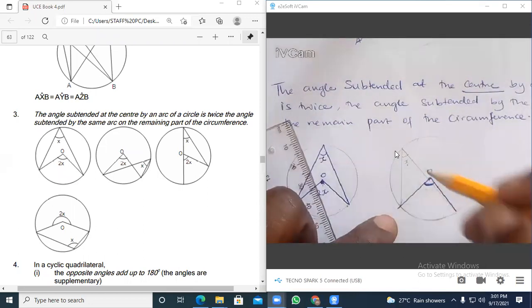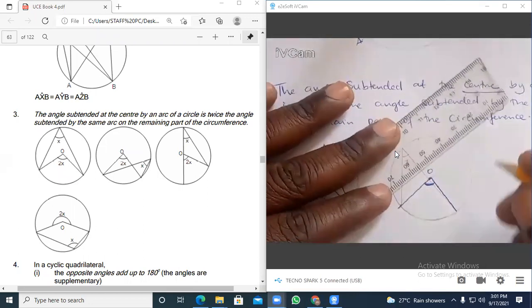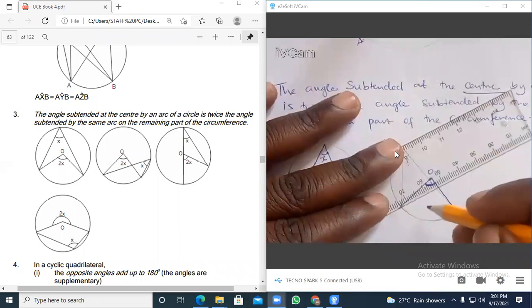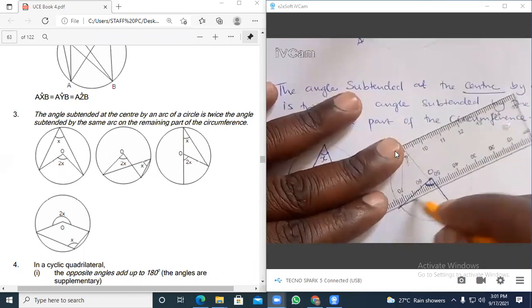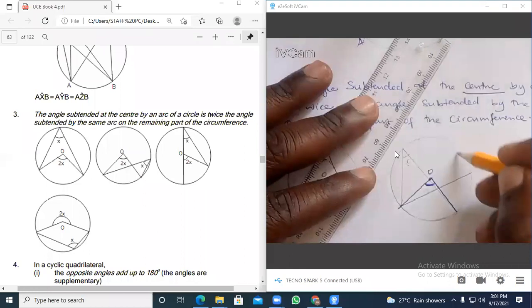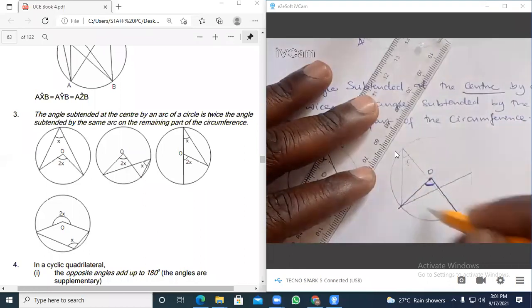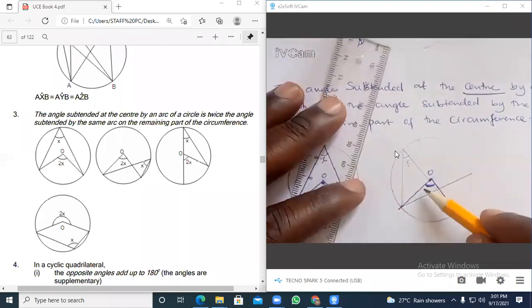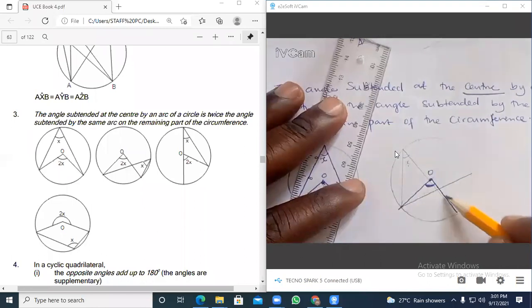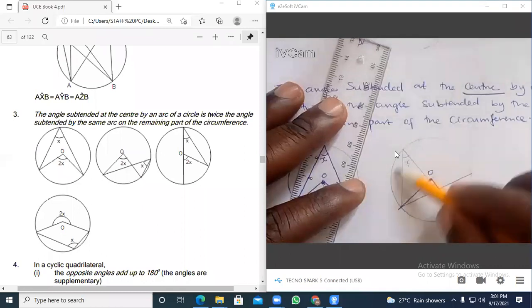So if we have another angle, let's say like how they have drawn it, if you have this one here, because this angle is on this other side, it is not inside this kind of pizza shape that you like. It is this other side.